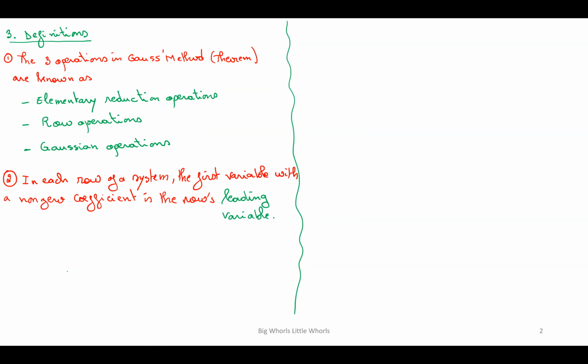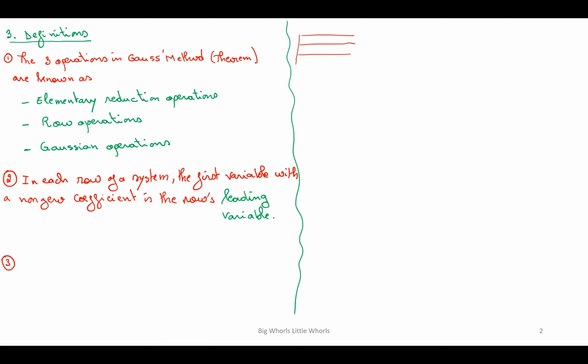Okay, and then as I said earlier, Gauss's method starts with an original system. Let me explain, then I will give the formal definition.